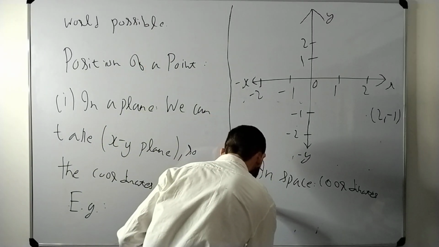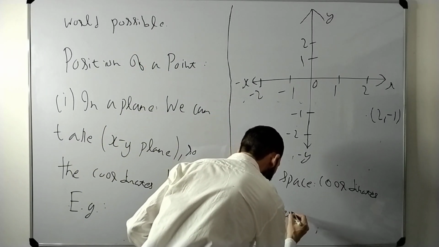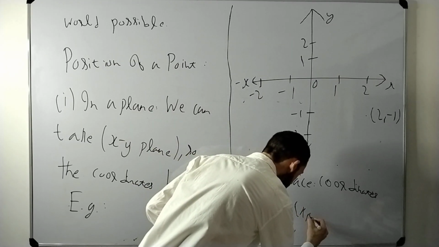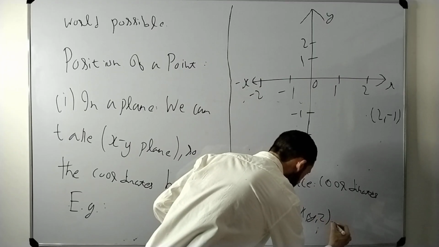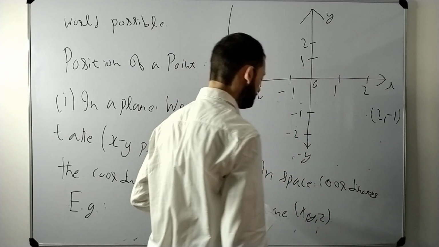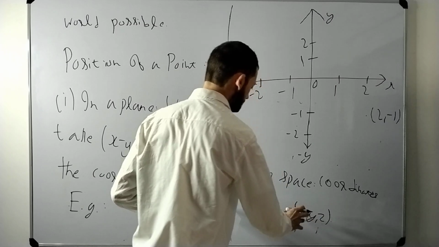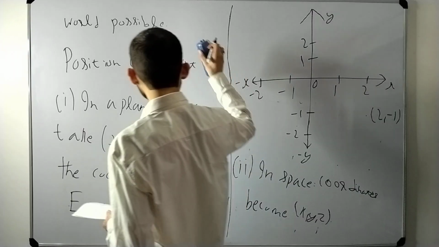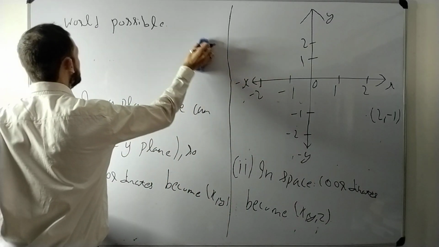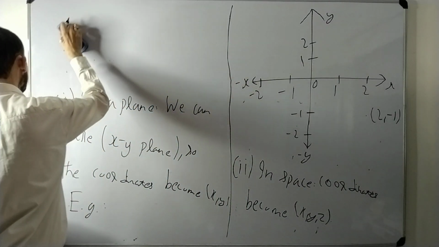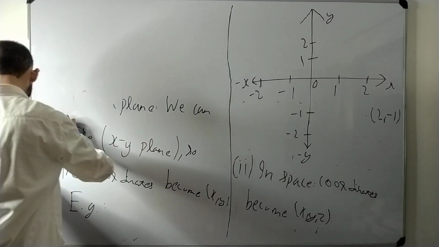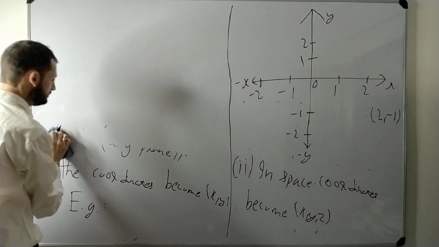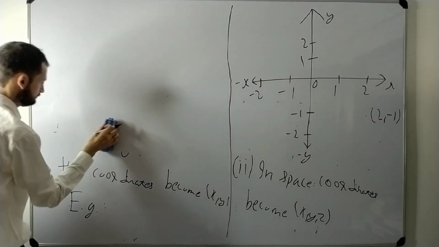Coordinates become x, y, and z. So you always increase the coordinates in this manner. For now, the discussion moves to distance: how distance is measured in the coordinate system.